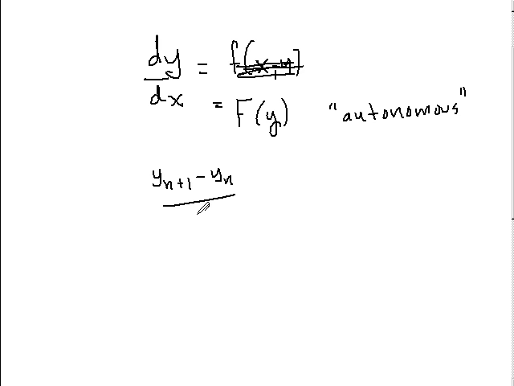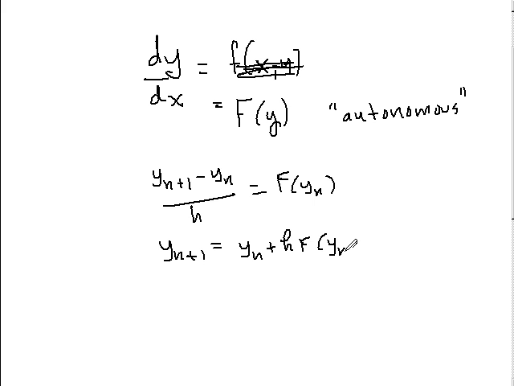Well, this says that (y_{n+1} - y_n) over some delta, let's call it h, is f of y_n. So if I solve for this, it's just y_n plus h f of y_n, a function of y_n that depends on a parameter h. And this is exactly the setup we had for our chaos and our dynamical system.